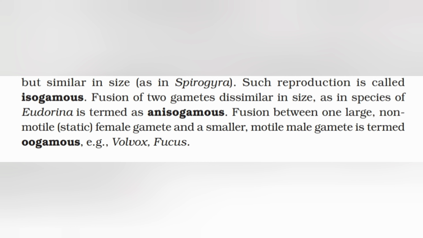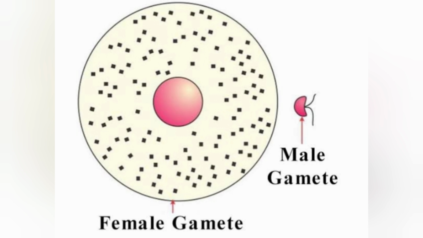Fusion between one large non-motile female gamete and a smaller motile male gamete is known as oogamous, for example Volvox and Fucus. This is a very important type of fusion, oogamous, in which the female gamete is always non-motile and large, while the male gamete is always motile and small.